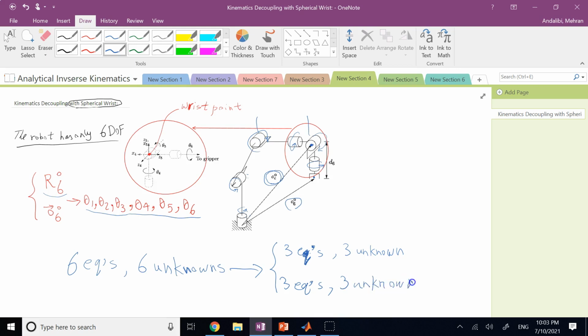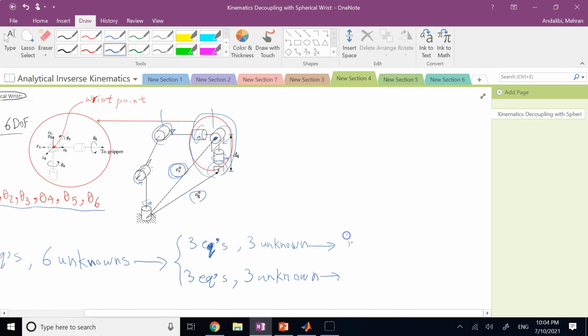So I break it into 2 subsets, where one of them is only dealing with finding the position of this wrist point based on the first 3 angles. The other one talks about finding the orientation that you want based on the last 3 angles and of course the first 3 angles. But you really will solve for 3 unknowns and 3 equations. I'll show you. So one of them is called the inverse orientation problem. The other one is called the inverse position problem.